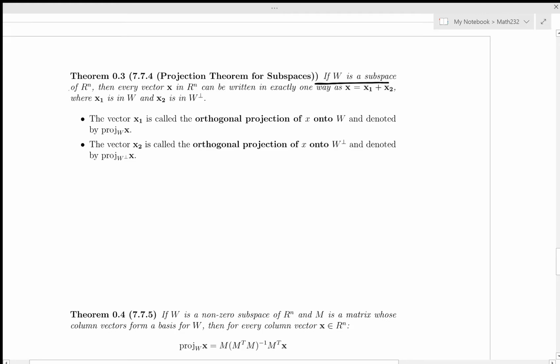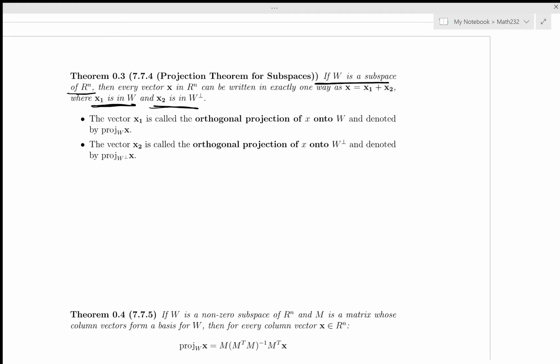So if we have a subspace of Rn, then we are stating this as a theorem, that every vector in Rn can be written in exactly one way as x1 plus x2, where x1 is in the subspace and x2 is in the orthogonal complement of the subspace. So the nomenclature is the same as we just did.